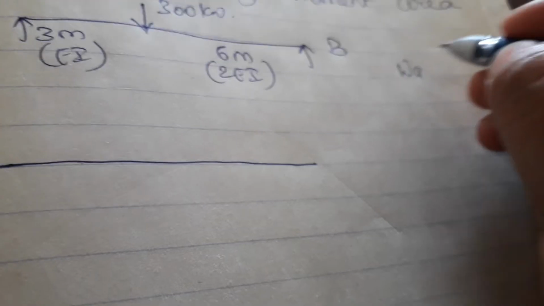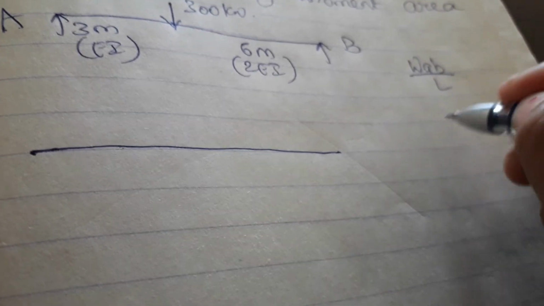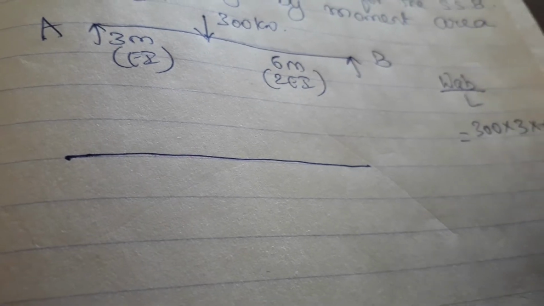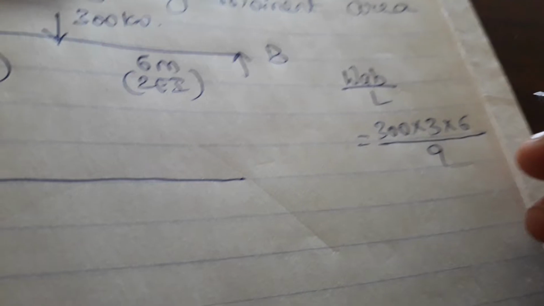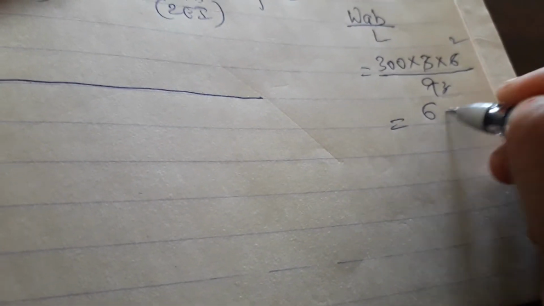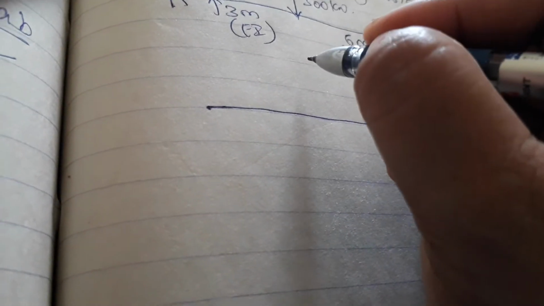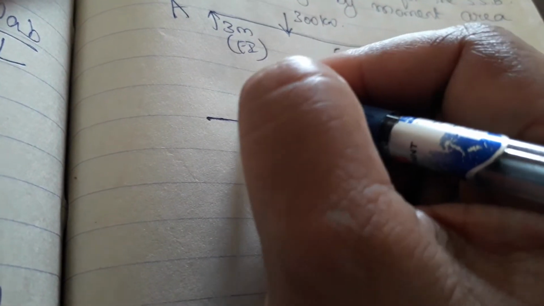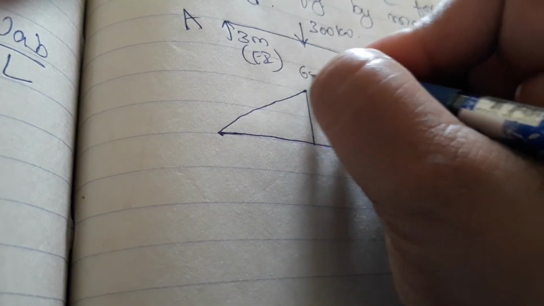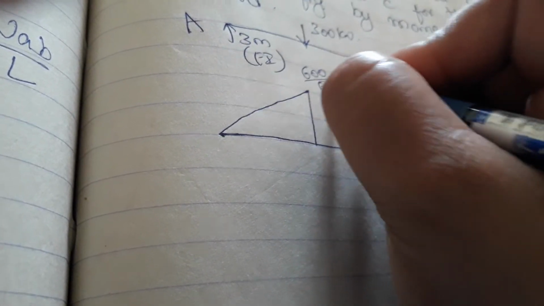WAB by L is equal to 300 into 3 into 6 by 9. So you get 600. So you have 600 by EI.